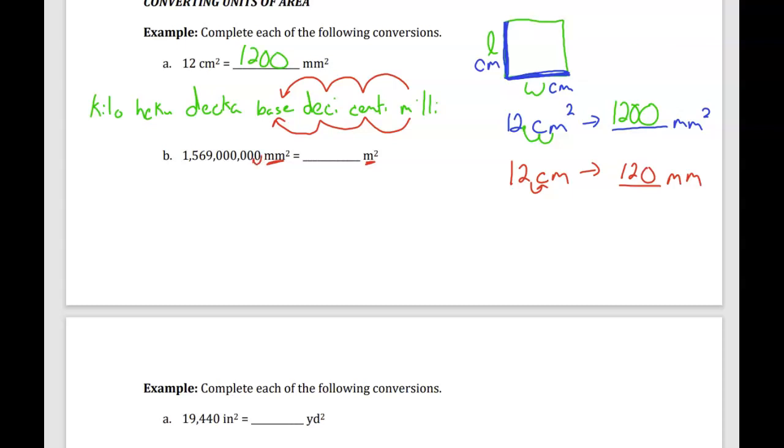So I started here, 1, 2, 3 jumps, and then I go 3 more jumps, 1, 2, 3. So my new decimal will be behind the 9, and I will get 1,569 meters squared. So again, you're going to be doing this twice because it's area.